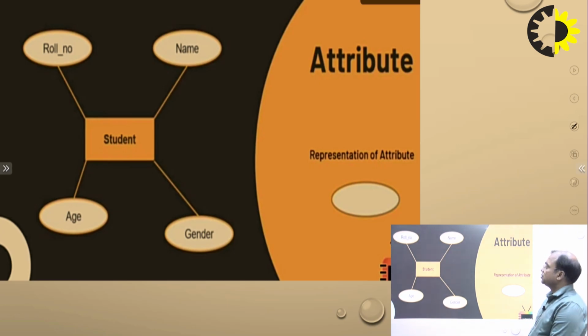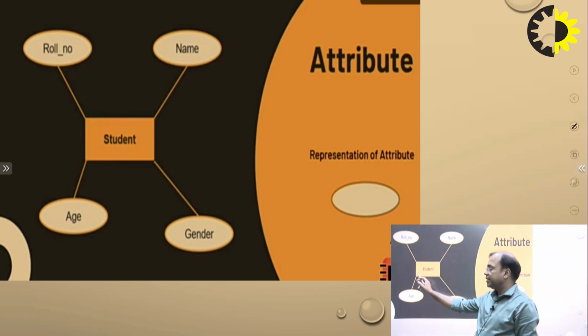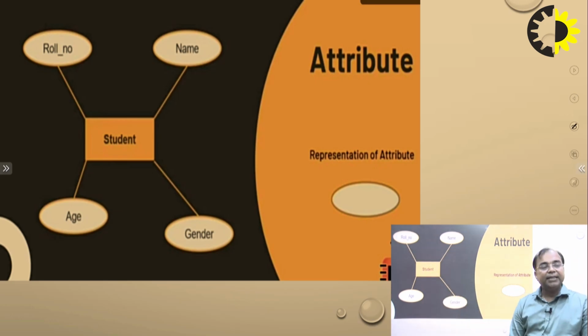Next, attribute. What are attributes? Basically, for a student: roll number, name, age, and gender. These are the attributes of the student. Here we already know the student is an entity in our college management diagram, and that entity must have some properties.